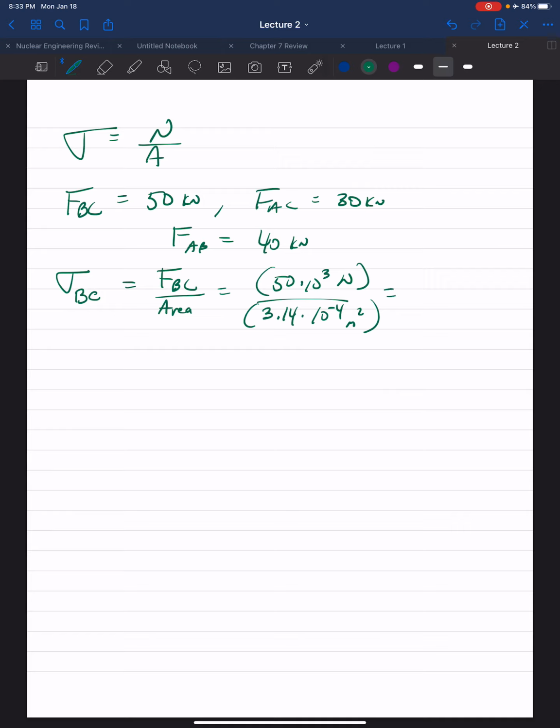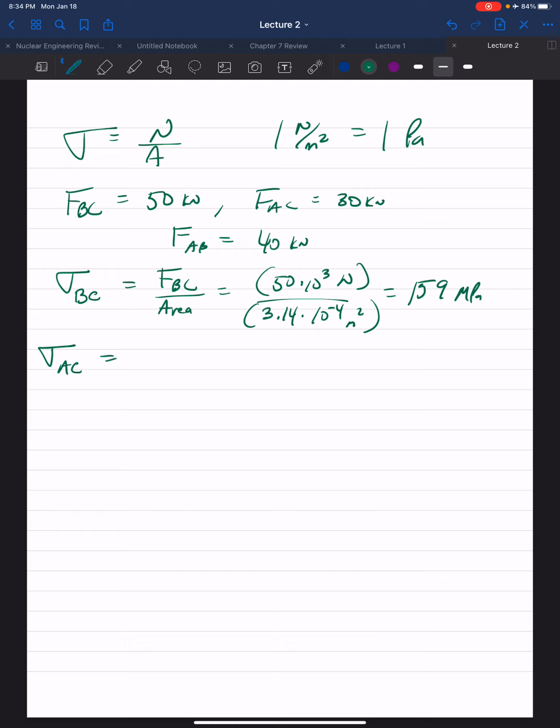This gives you, remember, 1 Newton over meter squared is 1 Pascal. So mega being 10 to the 6, this is 159 megapascals.